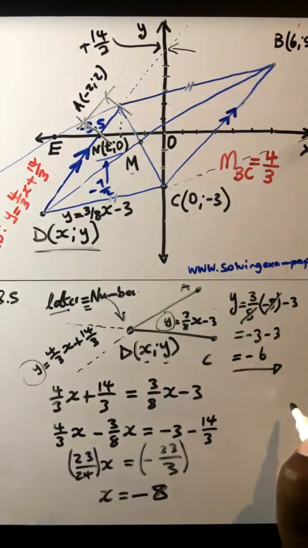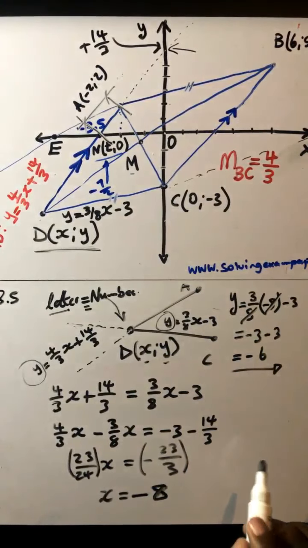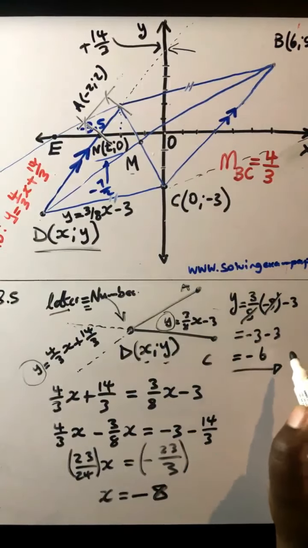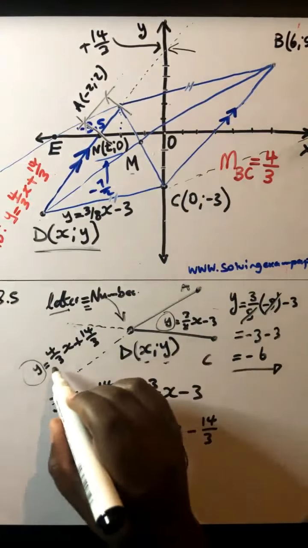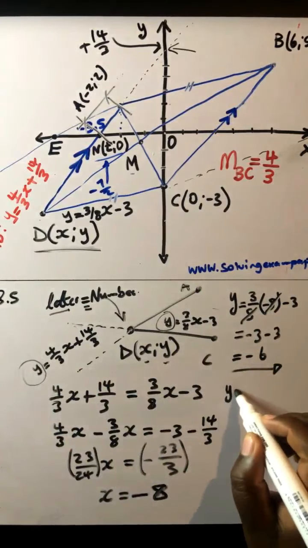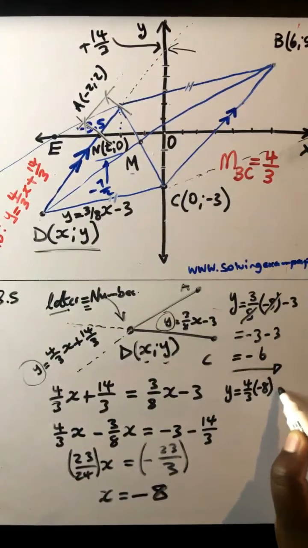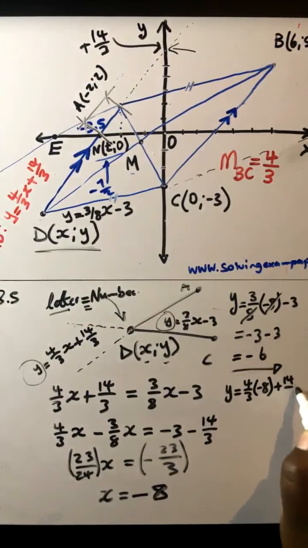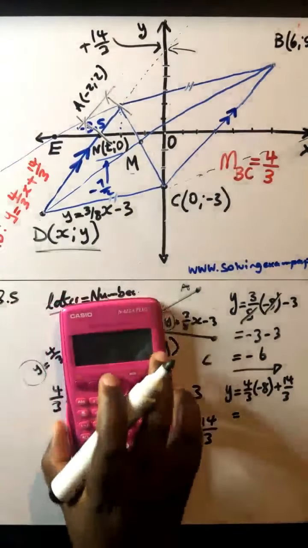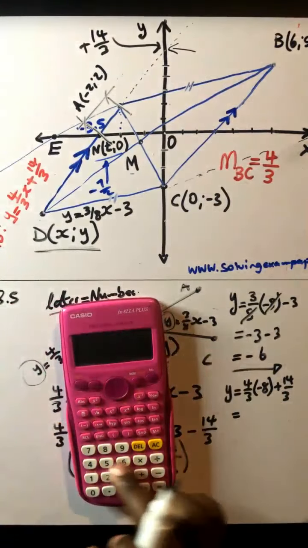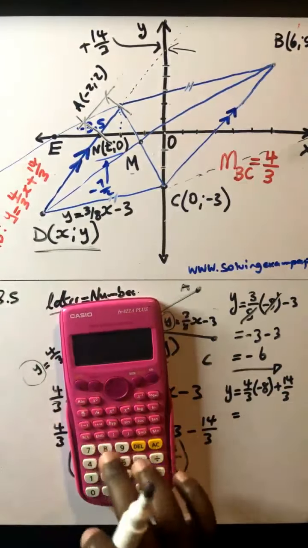I'm not sure if, when you punch all of this, you're also getting the same answer. Otherwise, one may decide to substitute that value into the other equation: 4 over 3 times negative 8 plus 14 over 3. If you punch all of that and it doesn't give you the same answer, then somewhere you made a mistake.